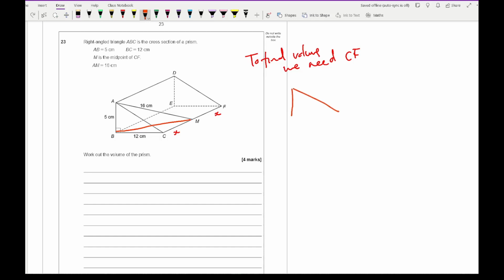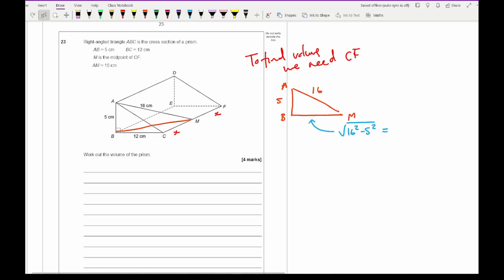In terms of this length, I've got A, B, and M. This length here is 5 and this length here is 16. So then using Pythagoras, this length here is going to be the square root of 16 squared minus 5 squared.